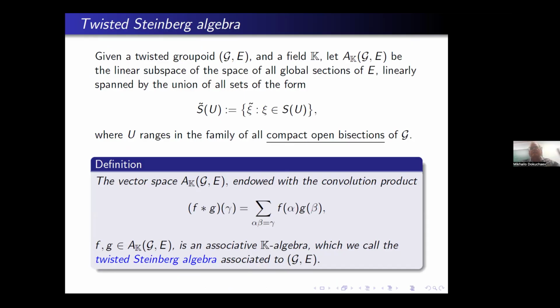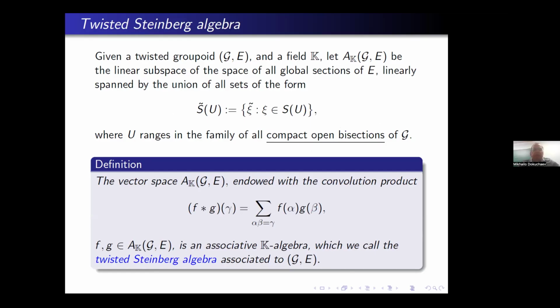And those global sections need not be continuous, which are spanned by the union of these sets. So we take all this C tilde and we take the linear span of them. And this is the Steinberg algebra, the twisted Steinberg algebra of the bundle. And U runs over the compact open bisections of the groupoid.